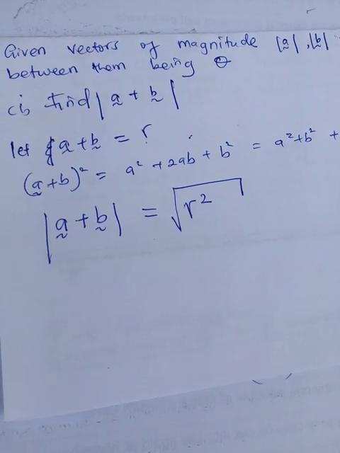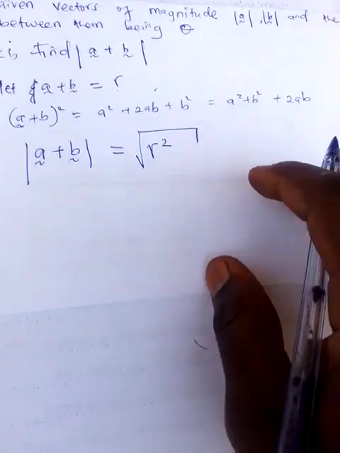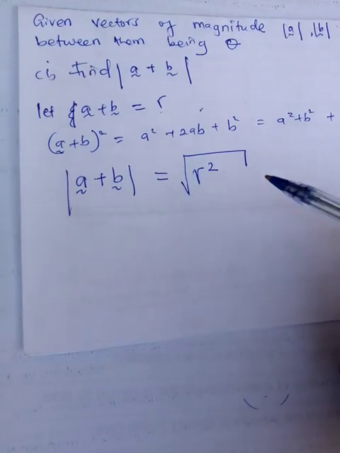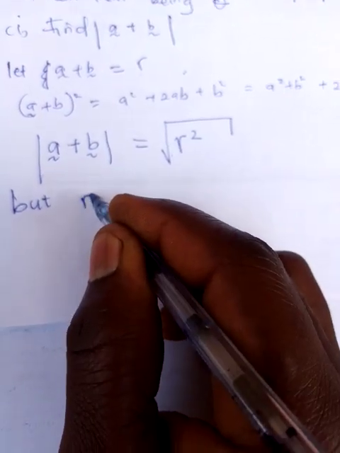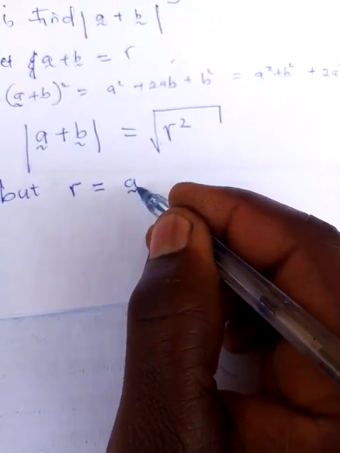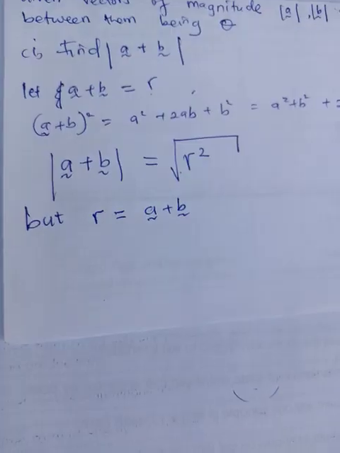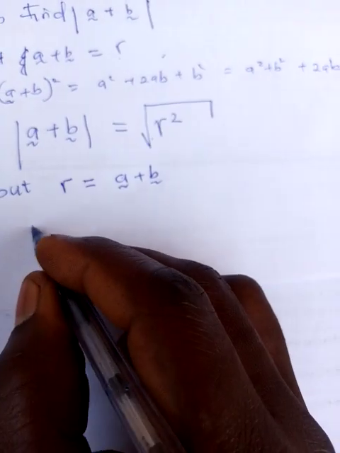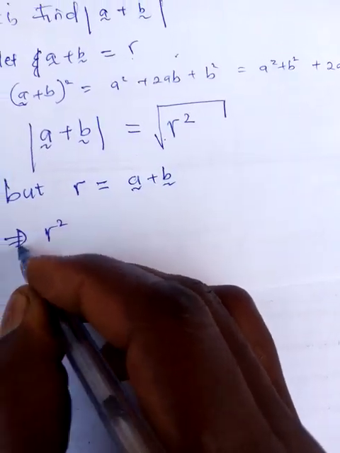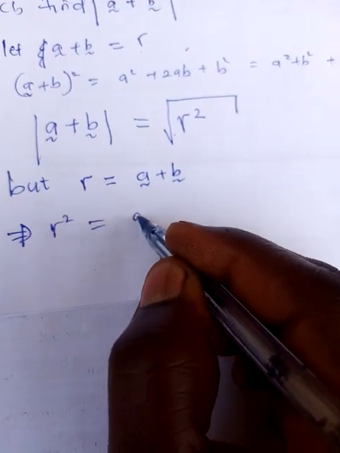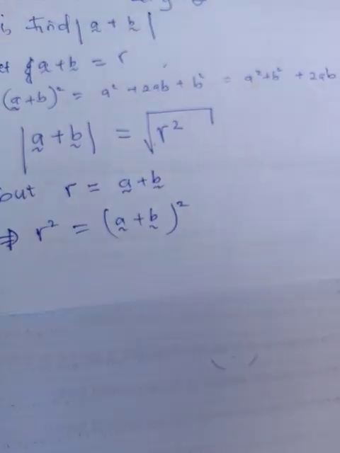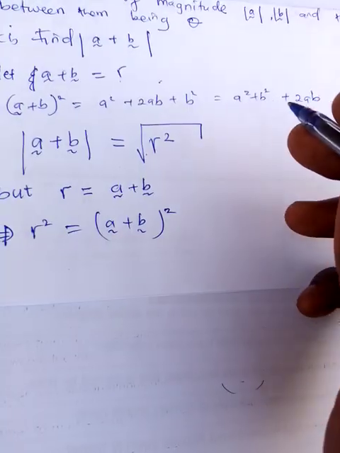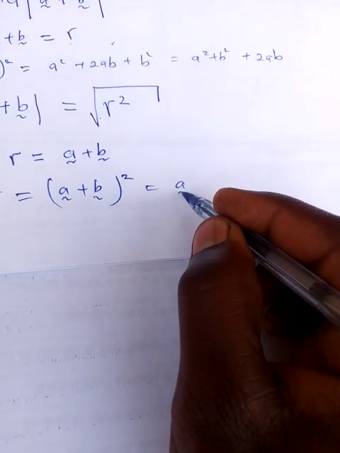But my R alone is A plus B. That means R squared, this implies that R squared is the same as A plus B squared. And this one will give me my expansion there, which is A.